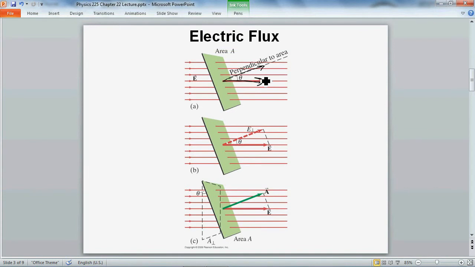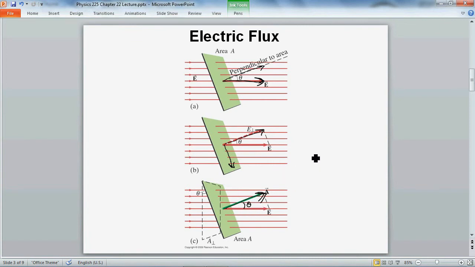If I break the electric field into components, I'm going to have a perpendicular electric field vector and a surface electric field vector. This perpendicular electric field vector is also in the same direction as the area vector. So now I can see that I have this relationship, and they have this angle theta between the area vector and the electric field vector.